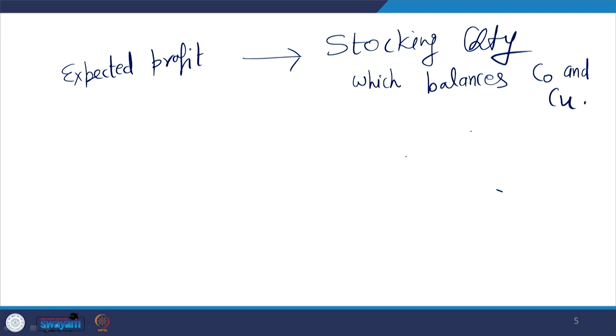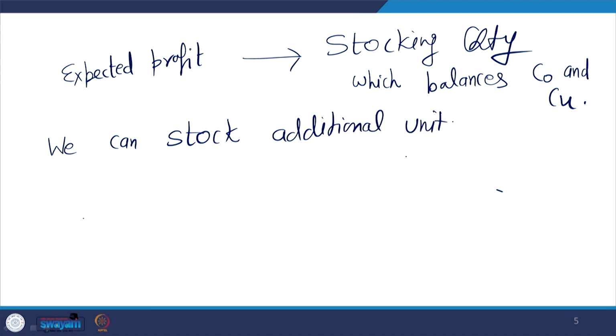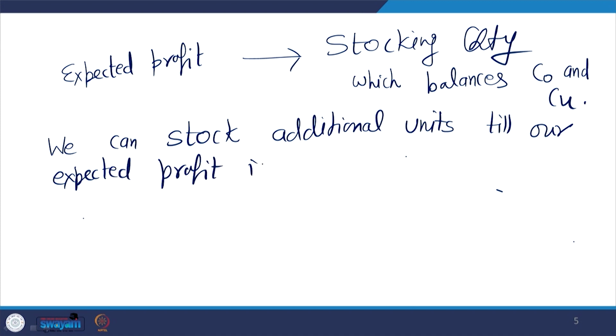And here the important concept is that we can stock additional units till our expected profit is more than expected loss.